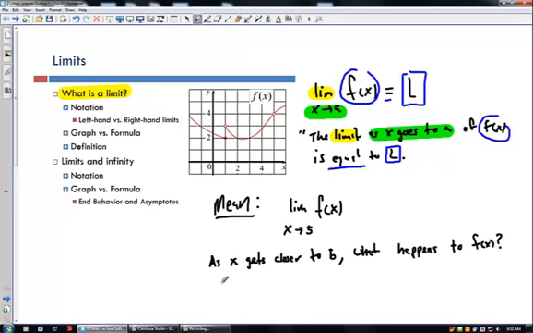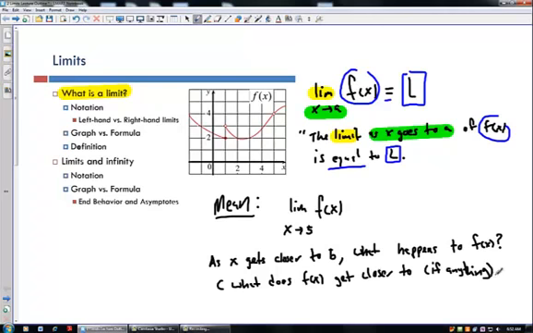What does f of x get closer to, if anything, because it may not exist. We've talked a little bit about this.